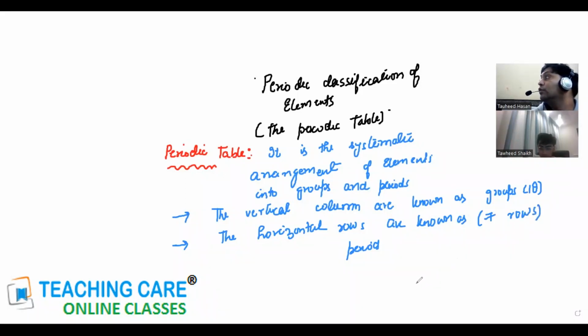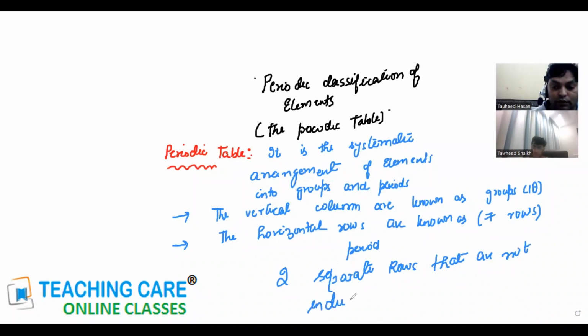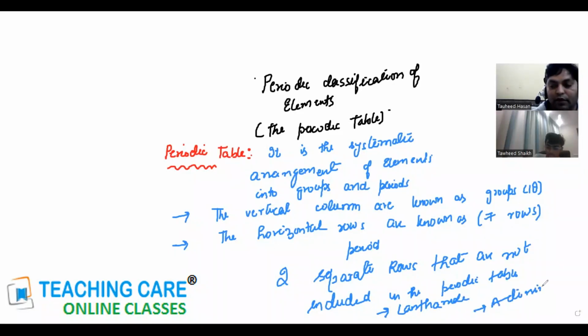And there are 2 separate rows also that are not included in the periodic table, that are known as lanthanides and actinides. These are 2 separate rows that are not included in the periodic table.